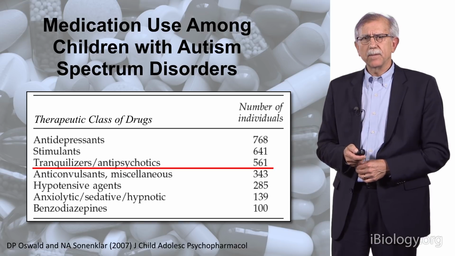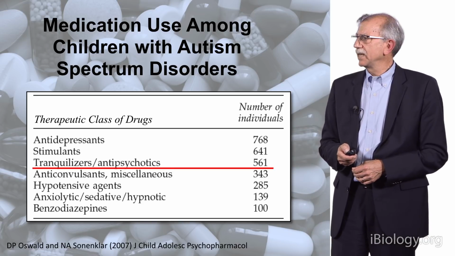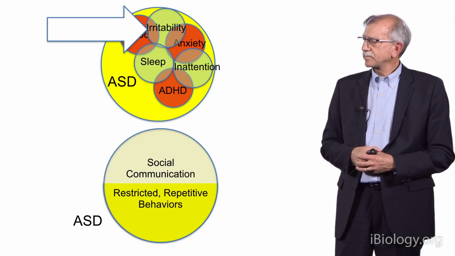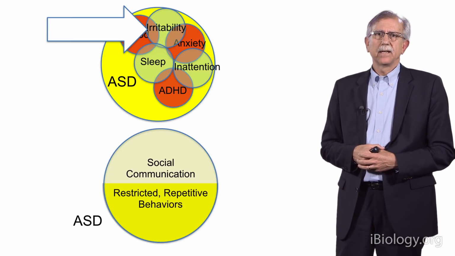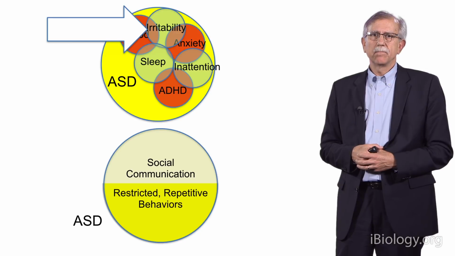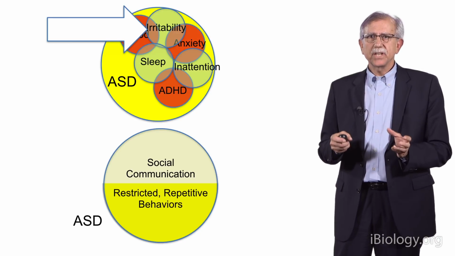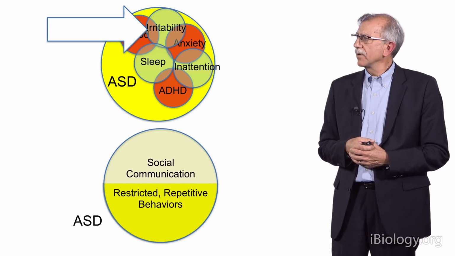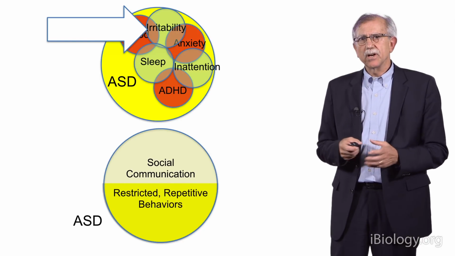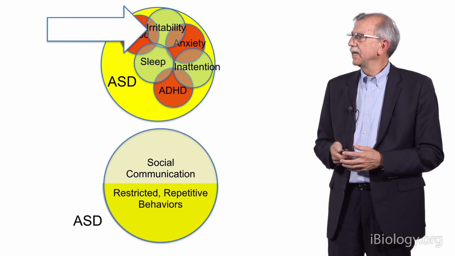And I want to talk for a minute about what some of the rate-limiting steps have been, and highlight that irritability has been one of the most widely studied indications for pharmacotherapy. So a number of studies have been focused on irritability as a target.